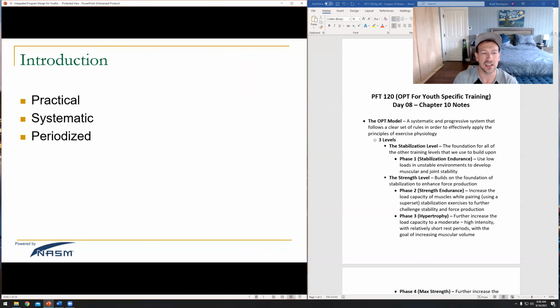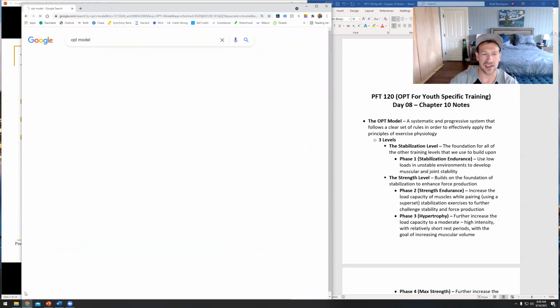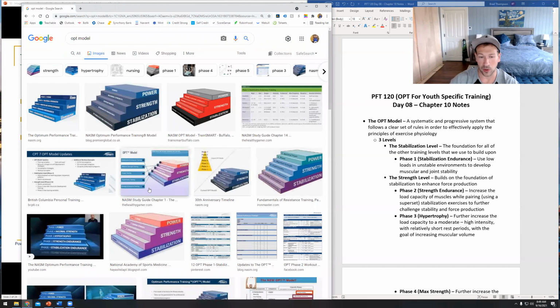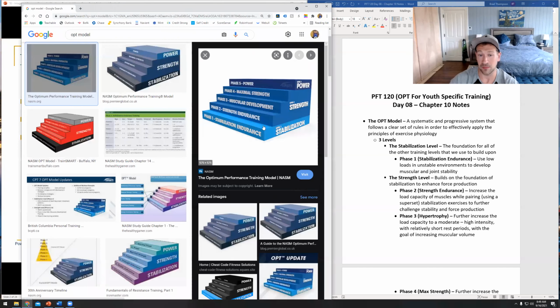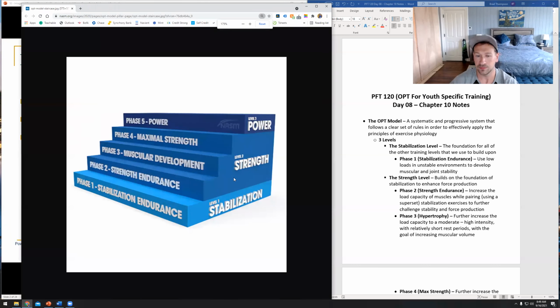The idea here is that NASM has created this OPT model, this staircase that is supposed to take all the complexities of program design, which is pretty complex. You think about picking the right exercises, the right tempos, the correct reps and sets.